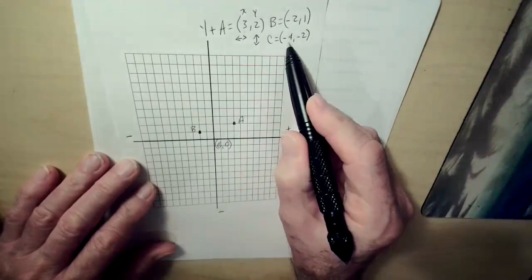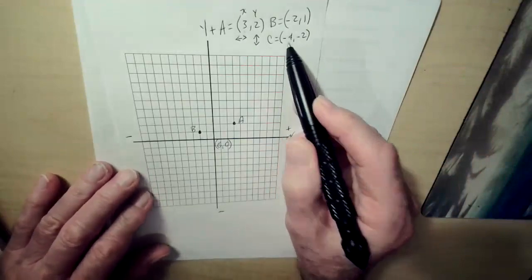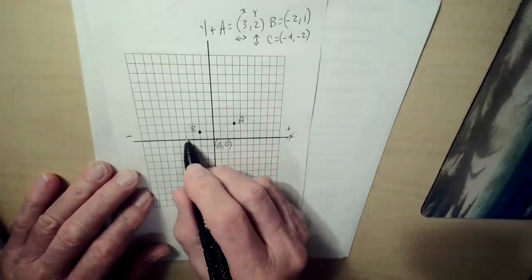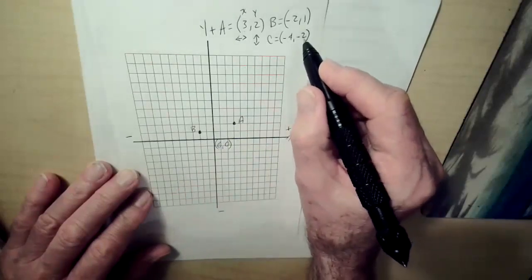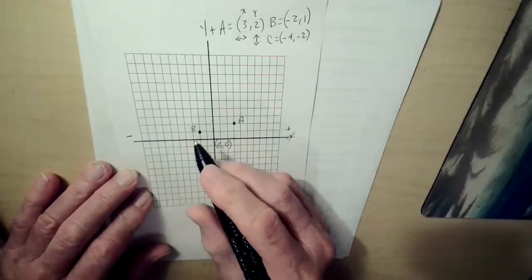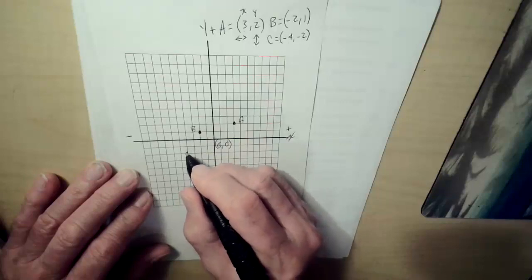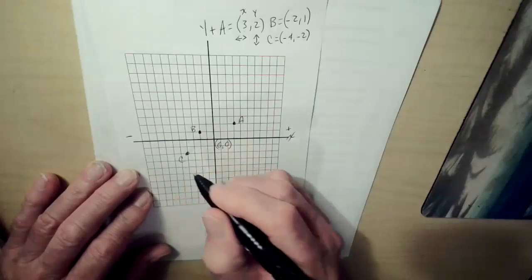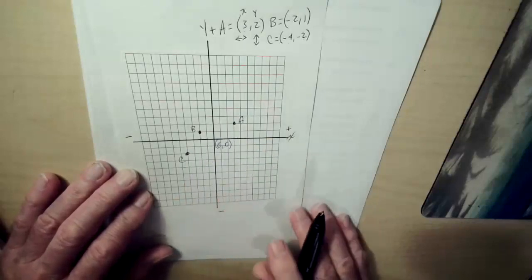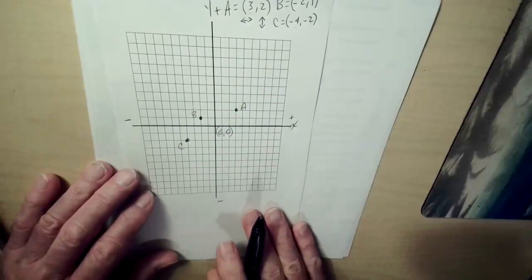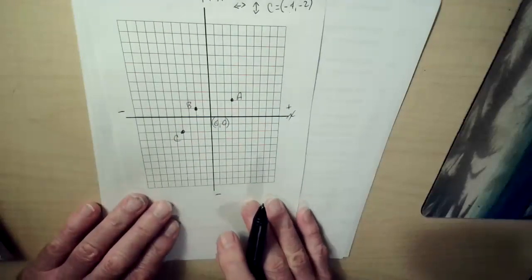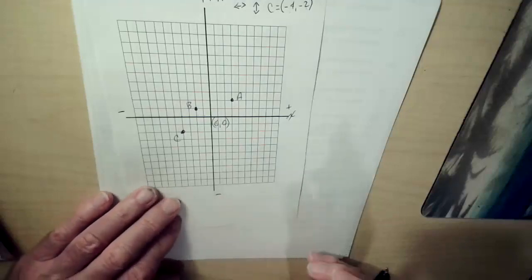Okay, and again, we go to the left 4 because it's negative. 1, 2, 3, 4, and down, because this is negative, we go down 2. 1, 2, 3, 4, 1, 2, and that one is C. Don't put the coordinates by the points. It just gets too busy. You can do it if you want, but we don't want to make this any more difficult than it is.